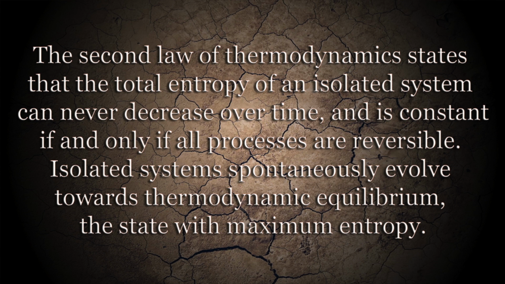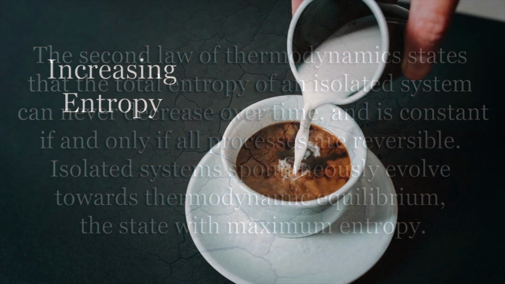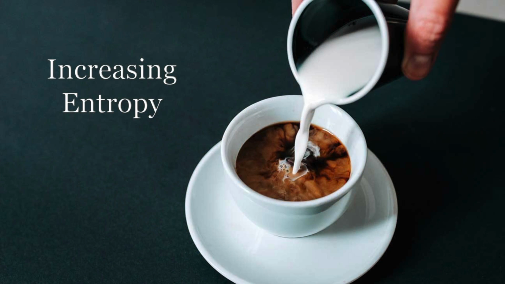So to continue here, isolated systems spontaneously evolve toward thermodynamic equilibrium, the state with maximum entropy. And you can visualize that by putting some cream in your coffee, and eventually you'll see that the cream disperses evenly throughout the coffee into a thermodynamic equilibrium.